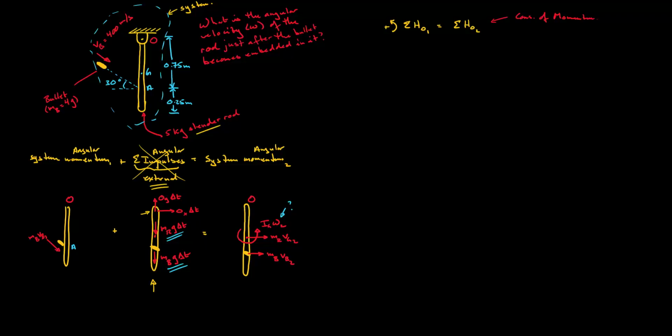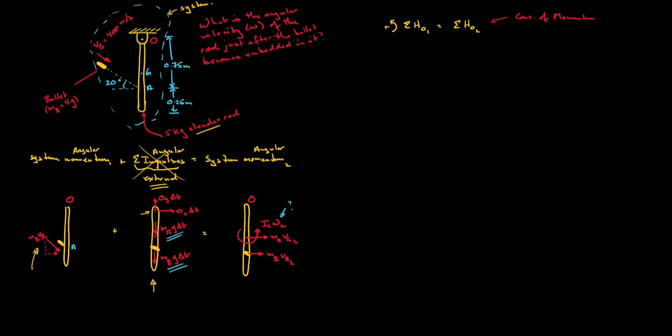So, what is the angular momentum at time 1? The angular momentum at time 1 is only due to the velocity of the bullet. More precisely, it is only due to the component of the momentum of the bullet in the x direction.